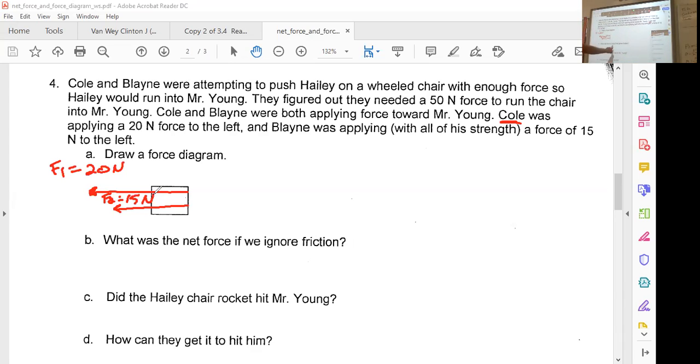What was the net force if we ignore friction? What's the resultant force of these two guys' push? If the forces act in the same direction, Macy, what do we do? What do I do with these two guys' force?